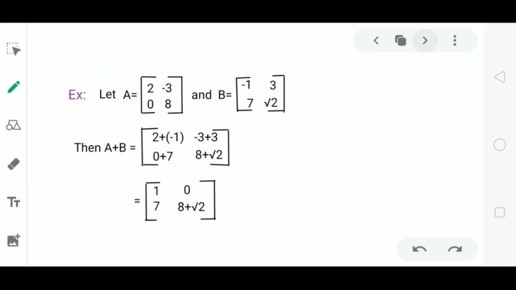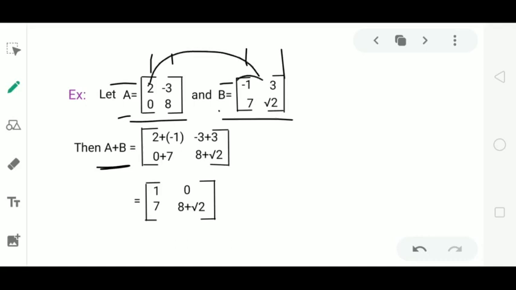Let us observe another example. Here I have considered two matrices A and B of order 2 by 2, that is 2 rows and 2 columns. Then A plus B is a matrix obtained by adding the corresponding elements of A and B. That is, here first element 2 of first matrix is added to first element minus 1 of second matrix.